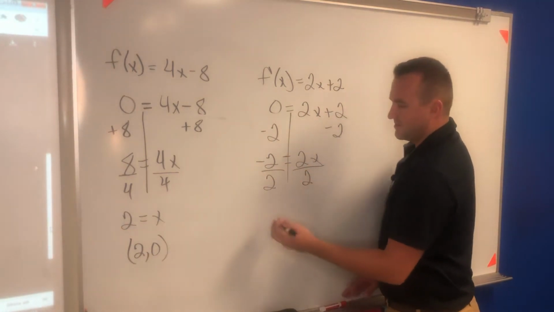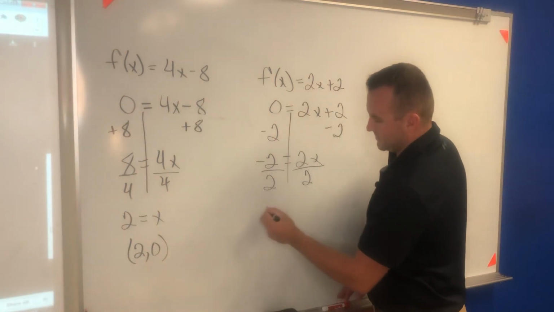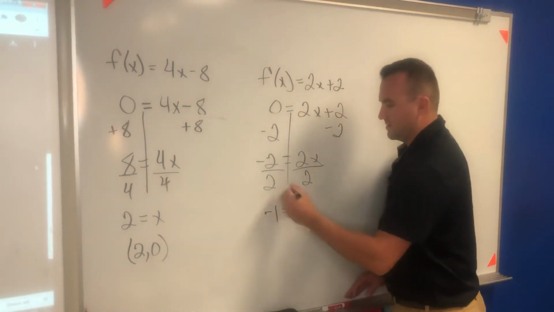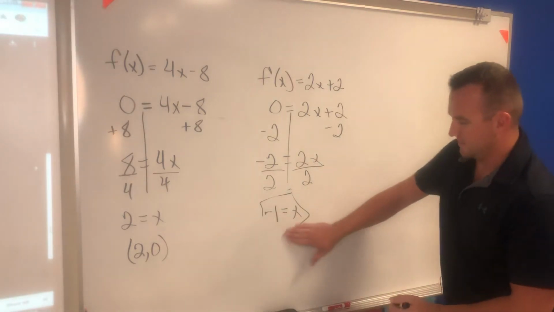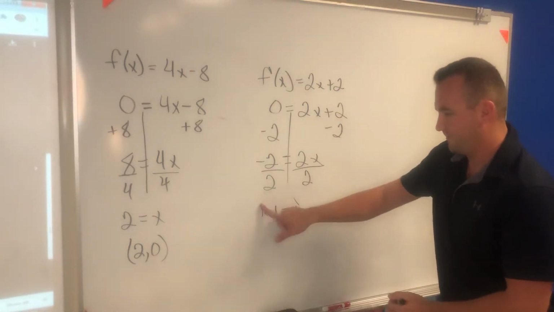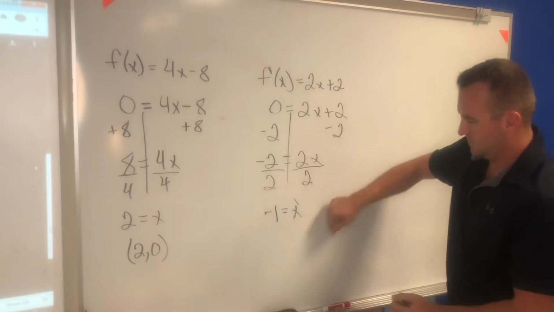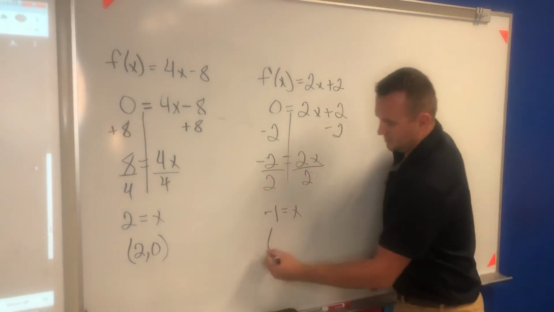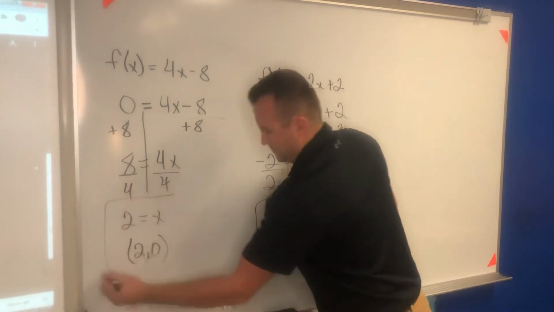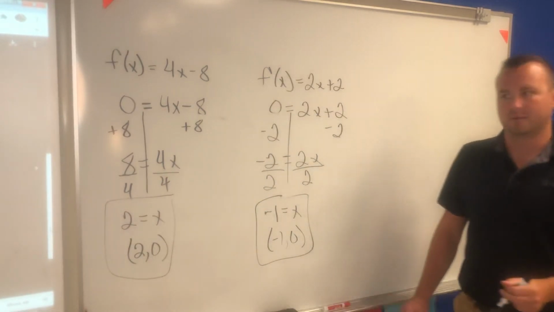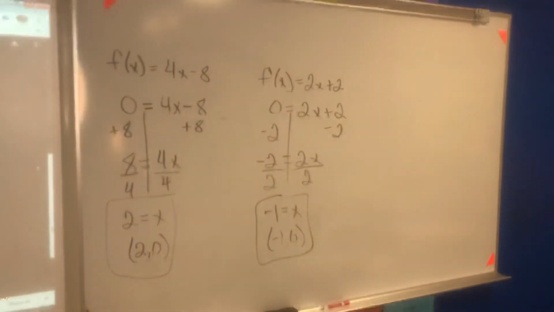Negative 2 divided by 2 is negative 1 is equal to x. There's my answer. But as a coordinate pair, negative 1, 0. Okay? So your equations, you're going to work out the same way.